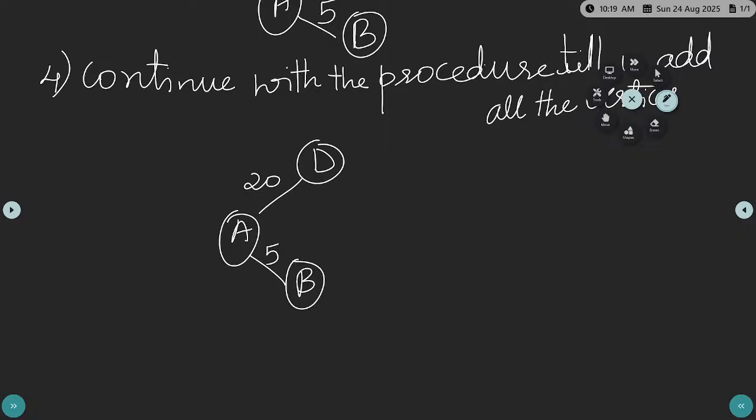Immediate neighbor of B is A. I cannot take A, right? What is the next immediate neighbor of B? Only C. So there is 25 and 30. Which should I take? 25 I am going to take. So I am writing this is 25 and the added node is C. Okay?